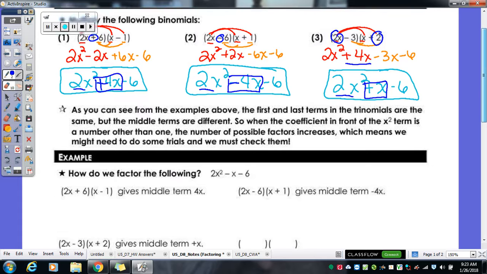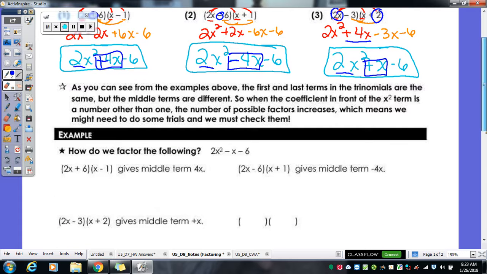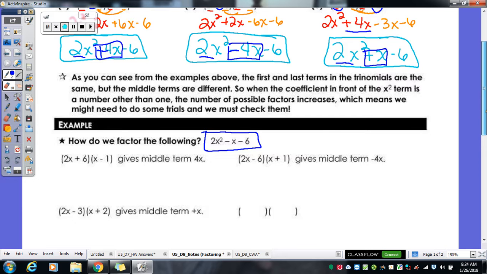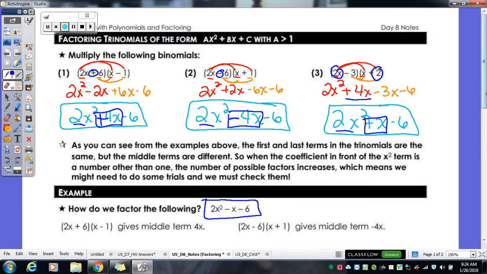So when we're factoring these trinomials, like let's say I had this trinomial here, 2x squared minus x minus 6. I would have done trials kind of like what I had up above to see if it worked. I tried my 2x and my x. That gave me my 2x squared. I started first with 1 and 6, but I got a 4 and a negative 4 as a middle term.